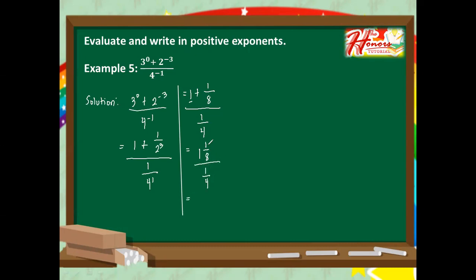And then please change 1 and 1 over 8 into an improper fraction so that we can simplify it with 1 over 4. So to change that into an improper fraction, we have to multiply 8 and 1. So that's 8 times 1 is 8 plus 1, that's 9. So we have here 9 over 8 over 1 over 4.